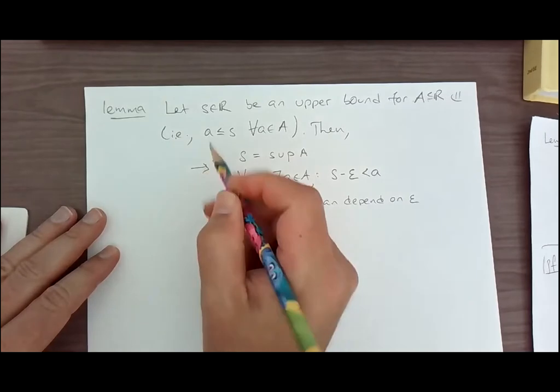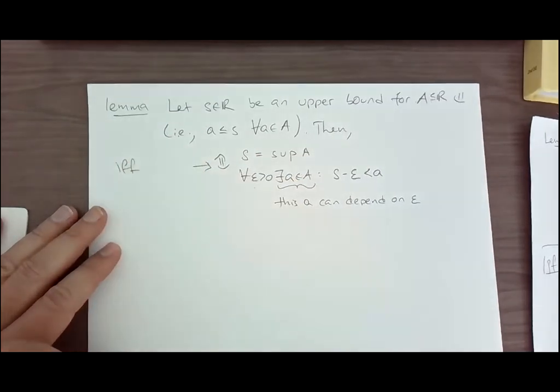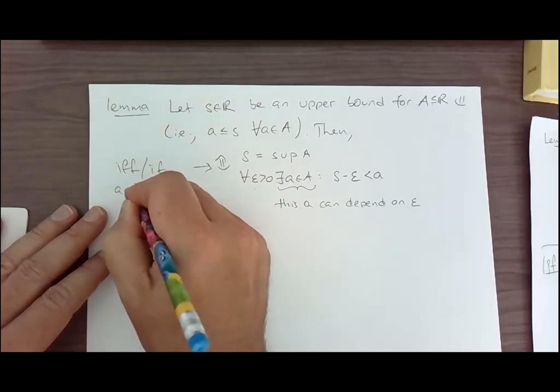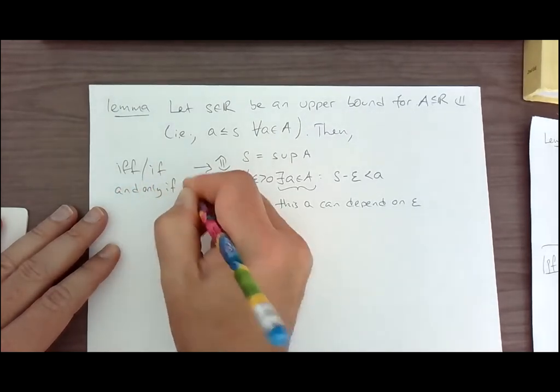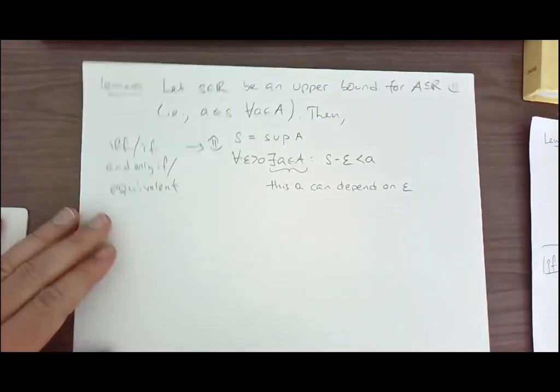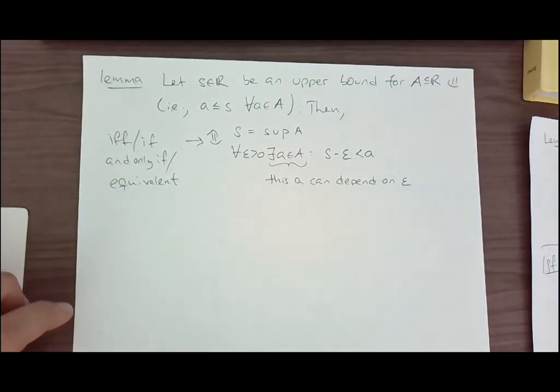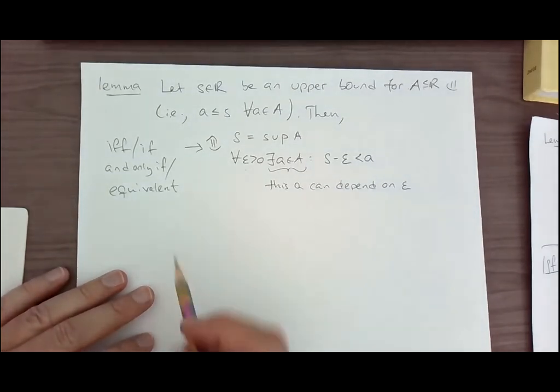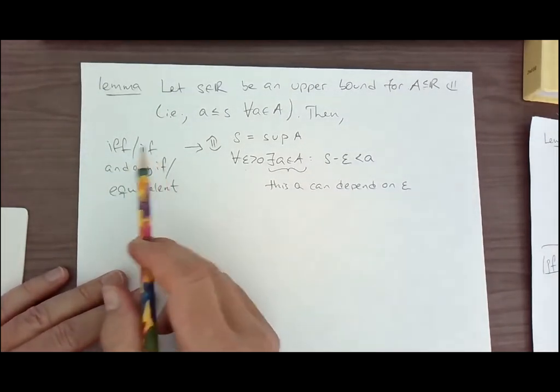Okay, and it's an if and only if. People either write it as iff with two F's, or as if and only if, or as equivalent. Some people also use the words double implication or biimplication. I'll be using the words if and only if.